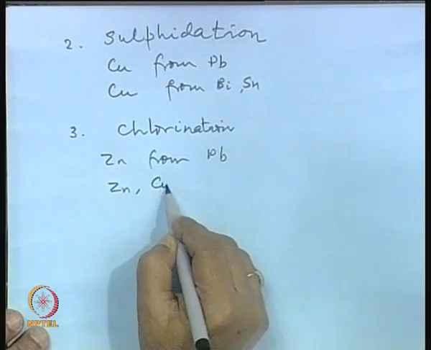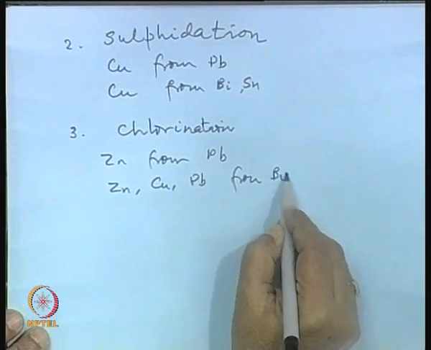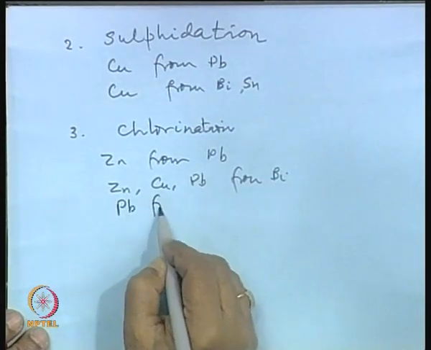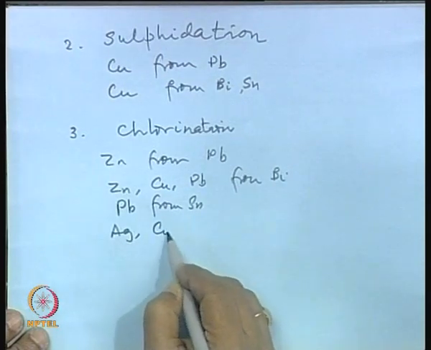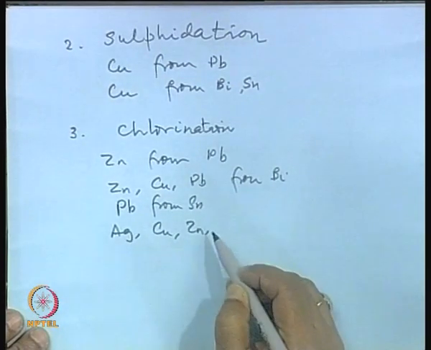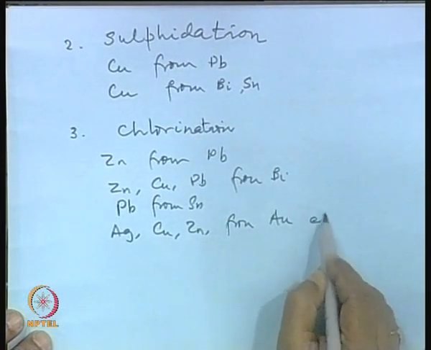Zinc, copper, lead can be removed from bismuth, lead from tin, and other examples are there like this one, silver, copper, zinc from gold, etc.